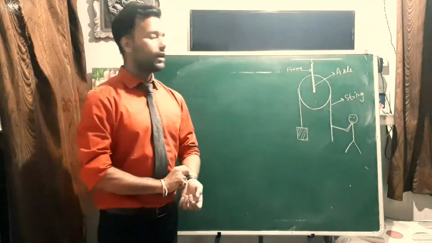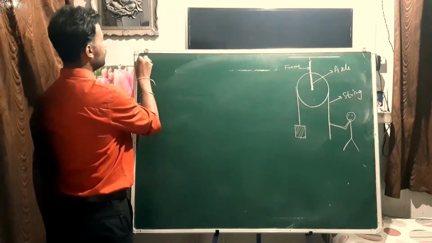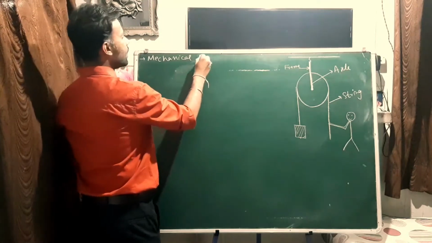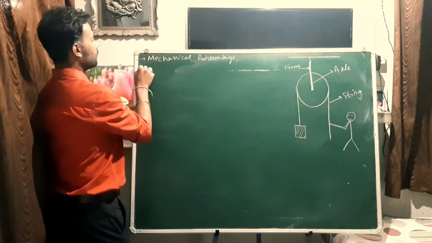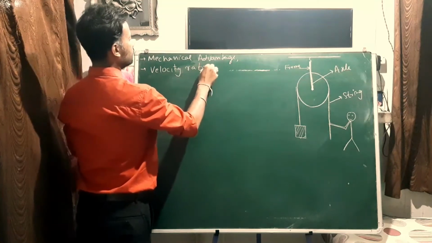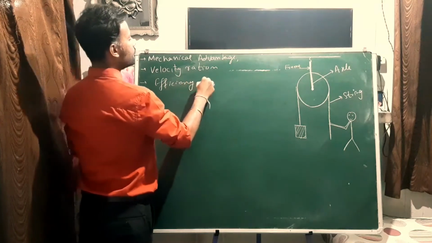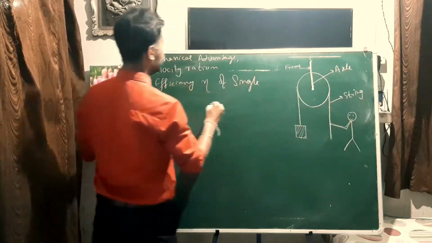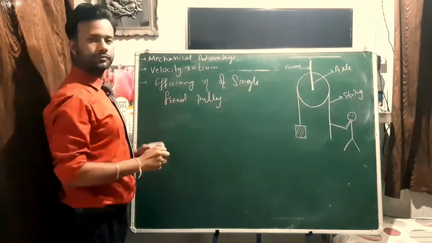So here in the diagram we have a single fixed pulley, and we have to calculate the mechanical advantage, velocity ratio, and the efficiency, that is eta, of a single fixed pulley. Okay.